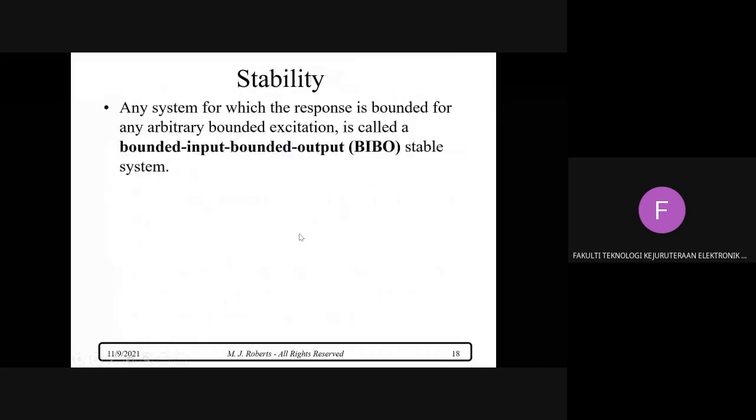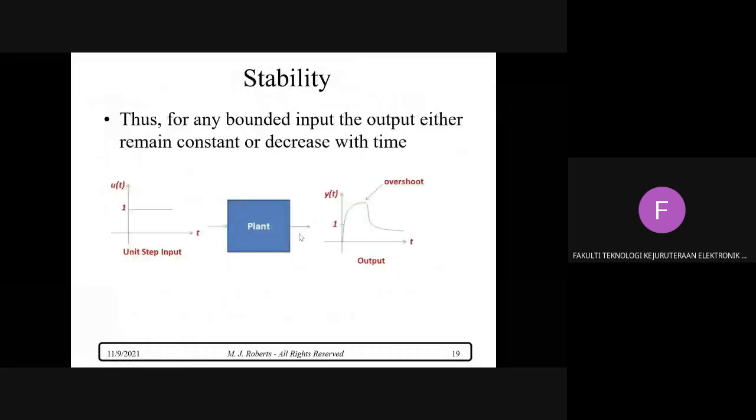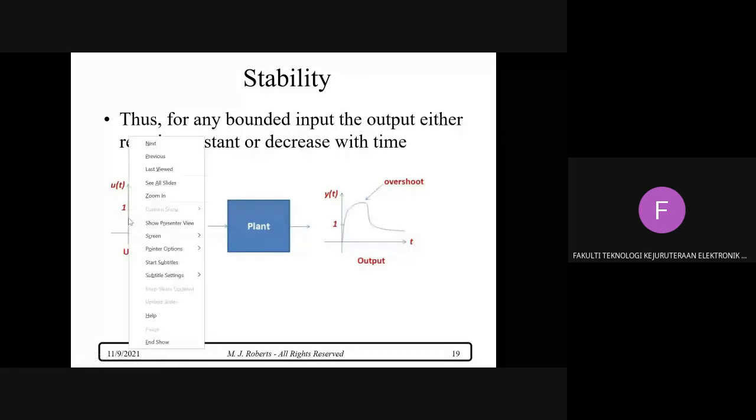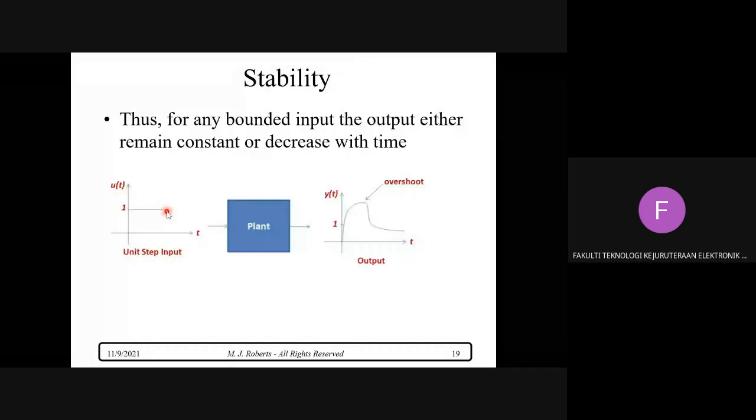Okay, this is stability. For any bounded input, if the output either remains constant or decreases with time, we call it a stable system. You see that the input here is a constant with amplitude 1, the unit step.